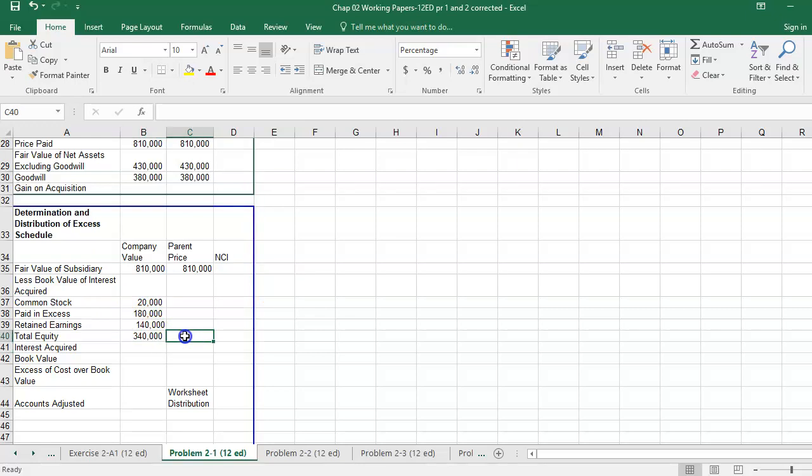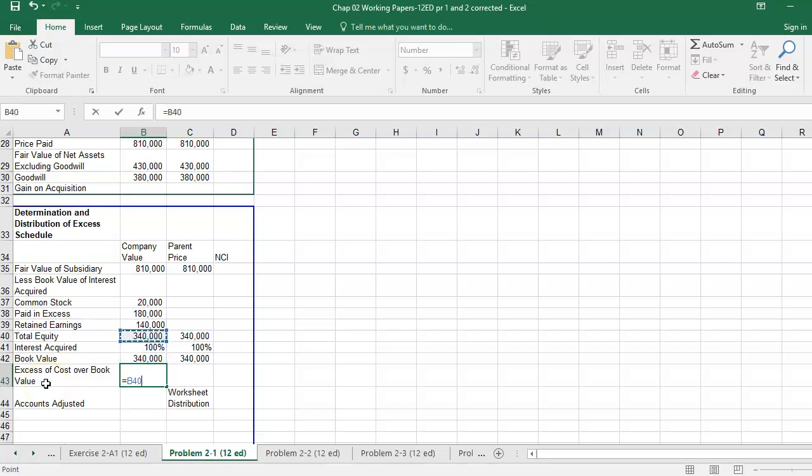Right, you can copy this over. We're buying 100%. So then multiply that out. And then the excess of cost over book value will be the 810 minus the 340. All right, so just copy that.